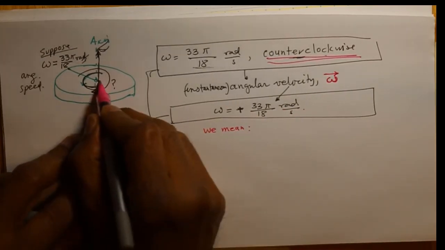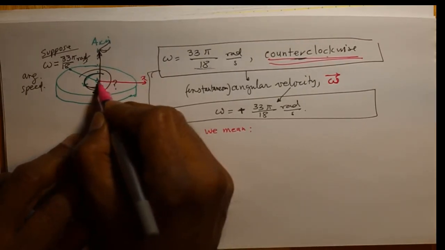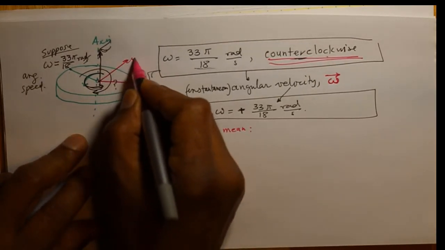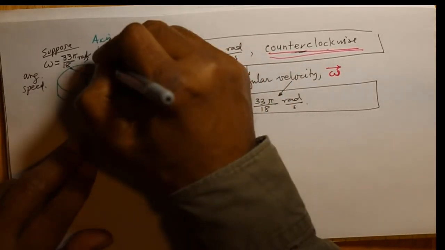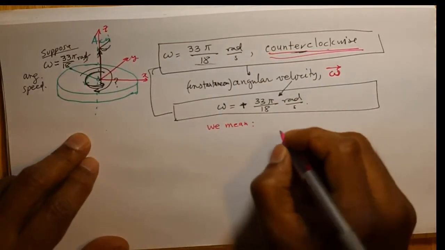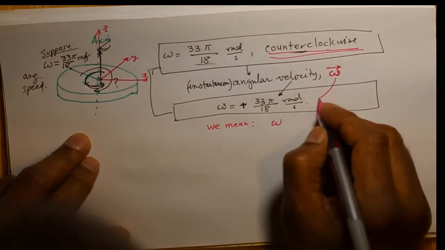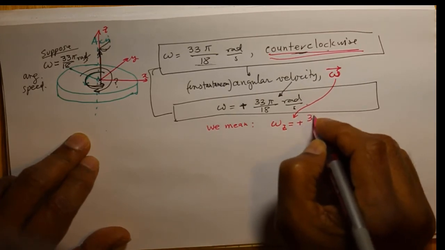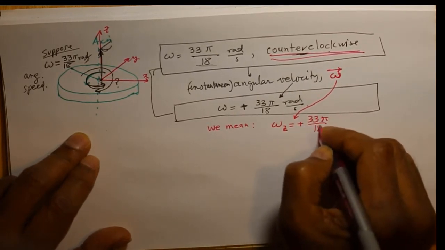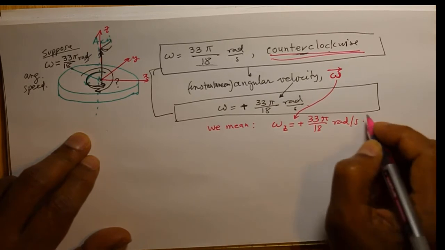If I had an x-axis here and the y-axis that way, then the z-axis will be this way, and the z component of omega is plus 33 pi over 18 radian per second.